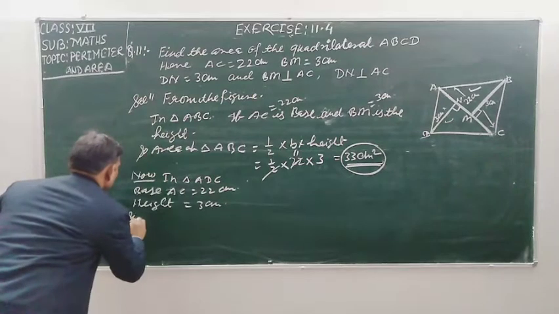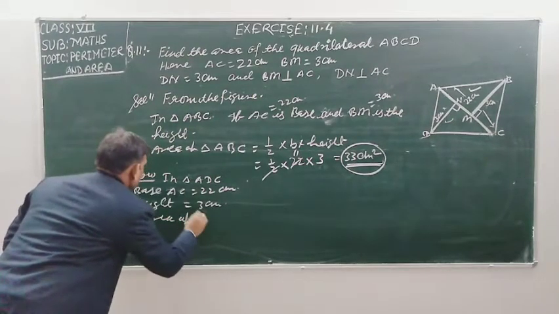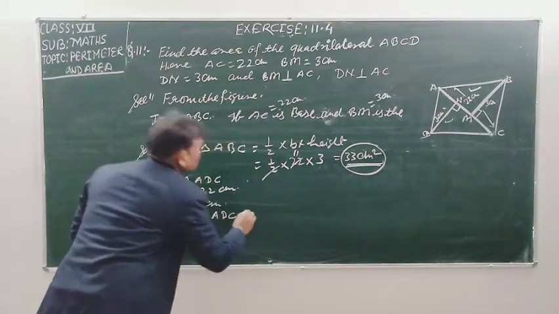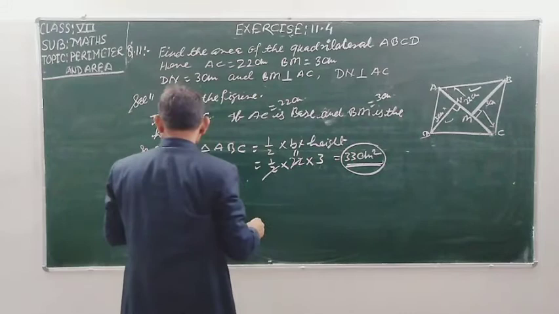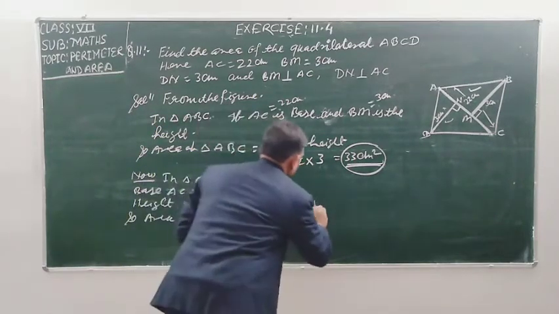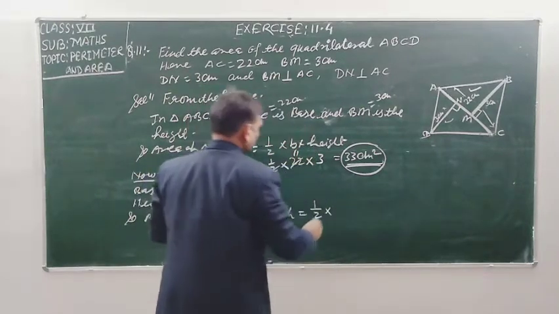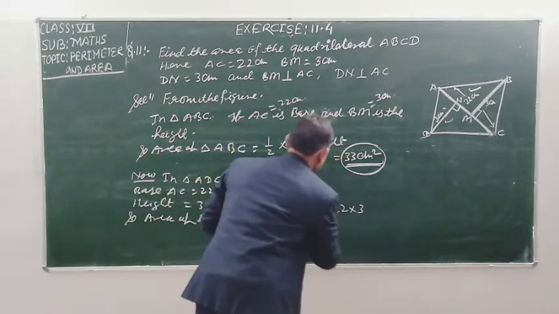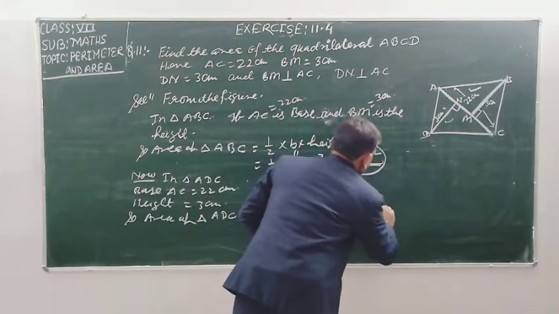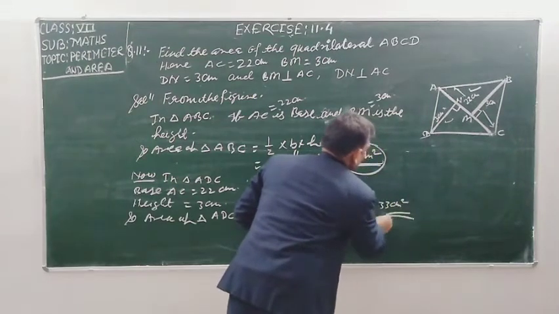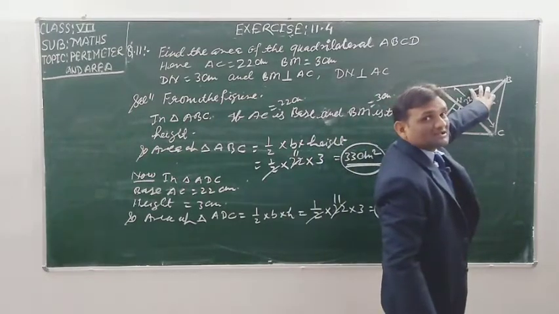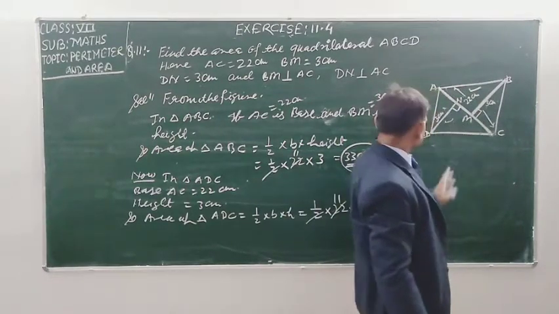So area of triangle ADC is equal to 1/2 into base into height, is equal to 1/2 into base 22, height 3, the same area you will find, 11 into 3, that is 33 centimeter square. Means area of this triangle is 33 centimeter square and area of this triangle is 33 centimeter square.